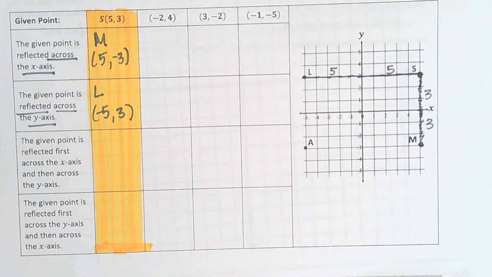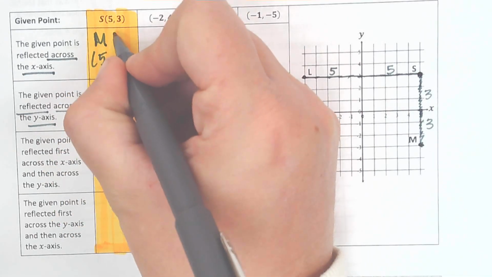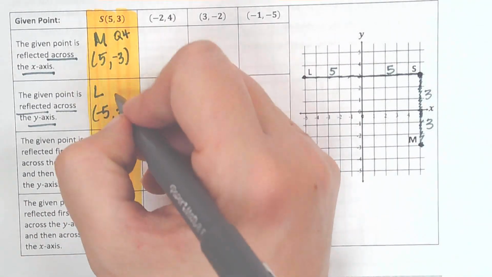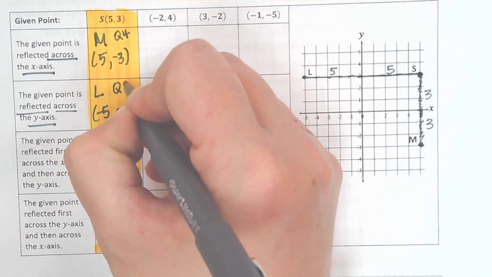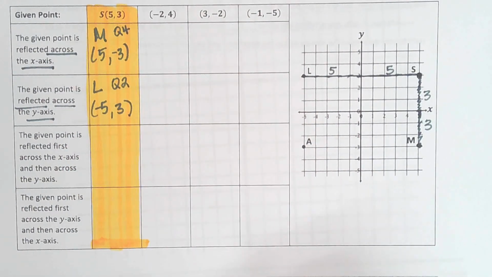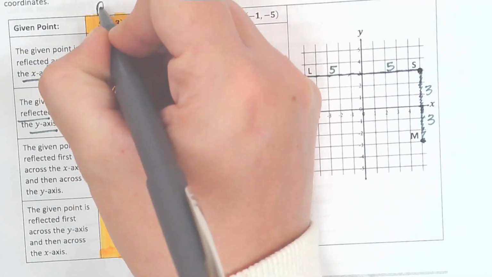Well, now, M was in quadrant Q4, and L is in Q what? 2. And what quadrant did we start out at? Q1.